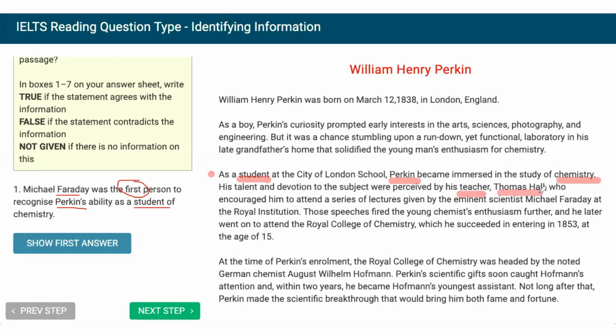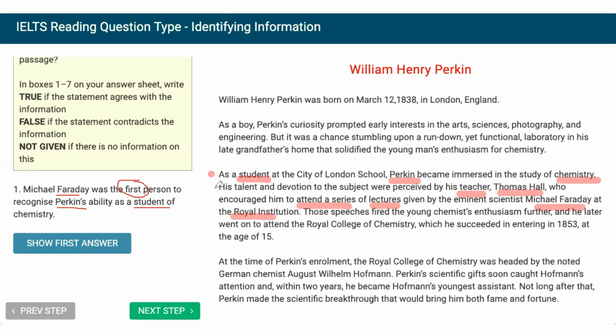So if we look at this, it says his talent and devotion to the subject were perceived by his teacher, Thomas Hall, who encouraged him to attend a series of lectures given by the eminent scientist Michael Faraday at the Royal Institution. So I see Faraday, who is included here, but we also see Thomas Hall.